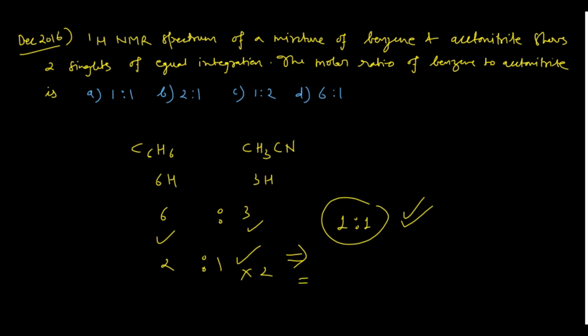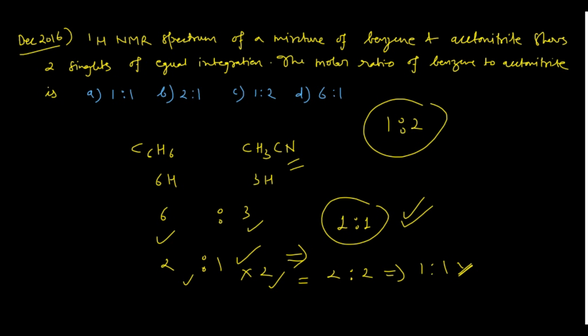Only then you will have the ratio 2:2, that is 1:1. That means the molar ratio of acetonitrile would be 2 and benzene would be 1. So it should be 1:2. The answer should be 1:2, and option C says that it is 1:2. So this is how you can solve the problem.